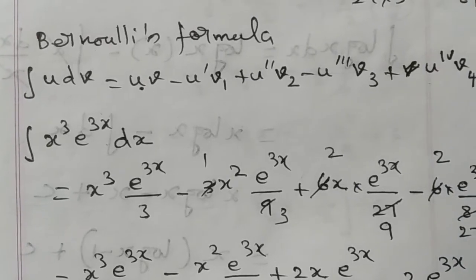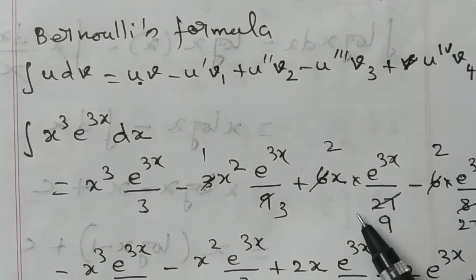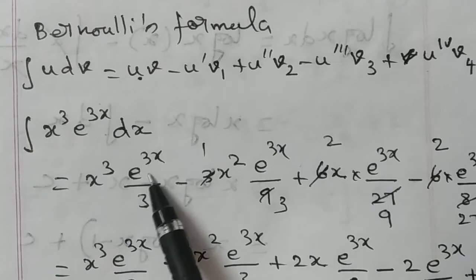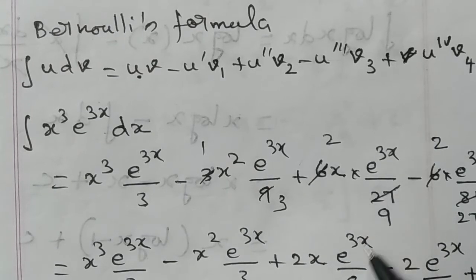Here 27, cancel in the 3 table. So the terms we get are x cube e power 3x divided by 3 minus x square e power 3x by 3 plus 2x e power 3x by 9 minus 2 e power 3x by 27 plus c.